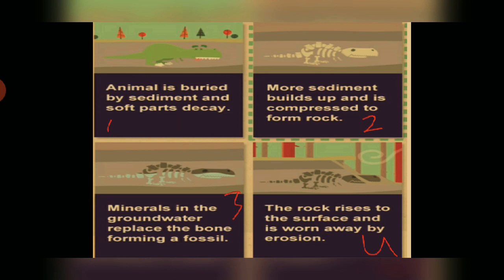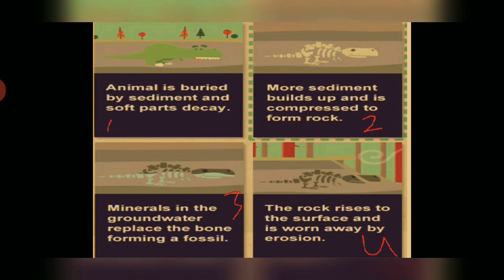Usually after most animals die, the body just rots away and nothing is left. So how, even under certain special conditions, can a fossil form? After the death of an organism, a rapid burial must occur.